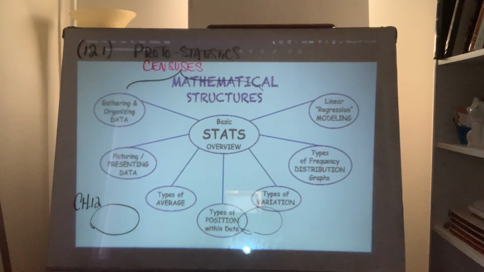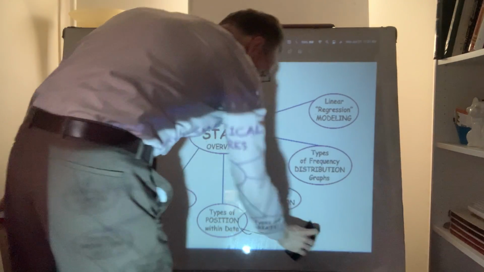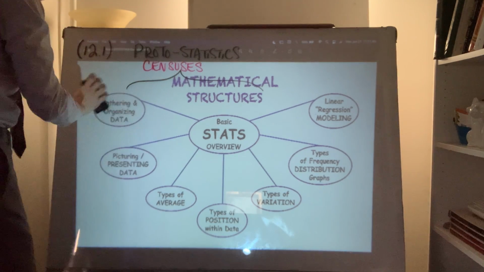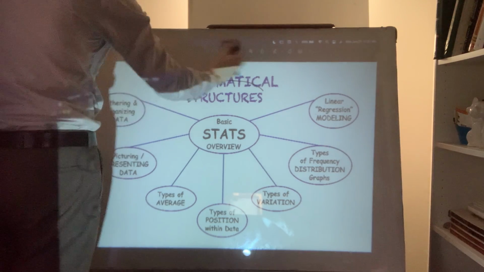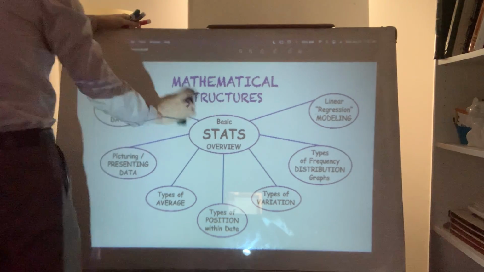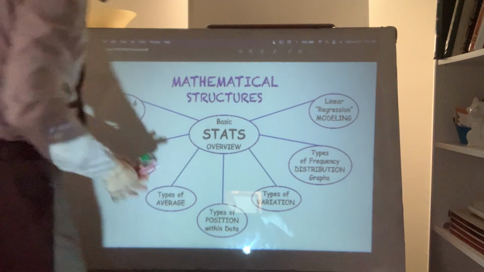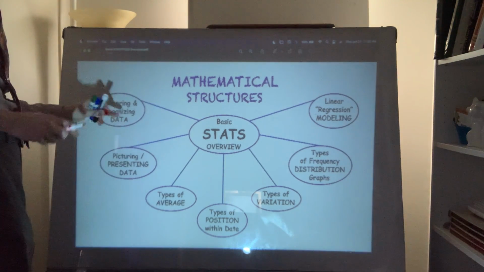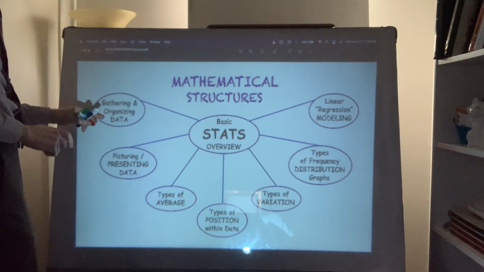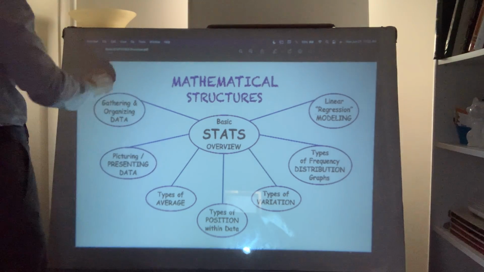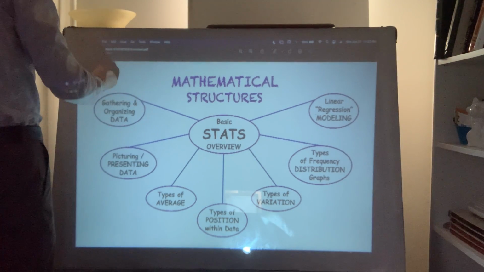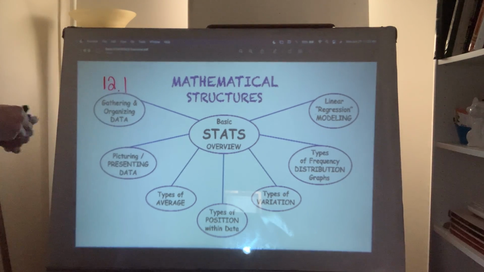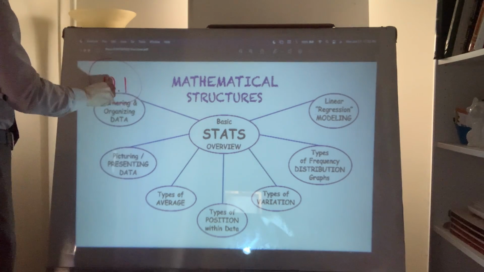Any basic statistics course, or course that broaches the subject of basic statistics, would have basically these sections. What we're doing today is basically discussing the basic techniques of gathering and organizing data. So this would be in our numbering system, section 12.1. And this is essentially the subject for today.